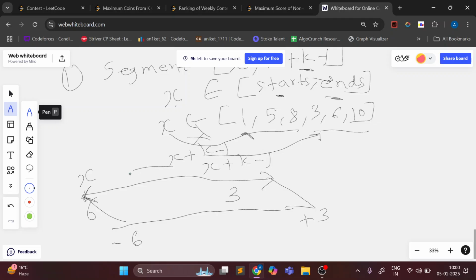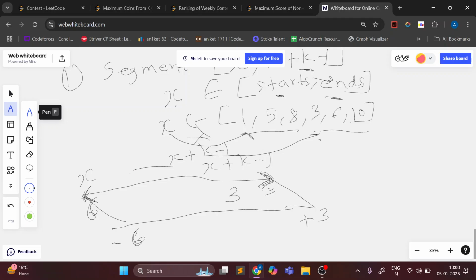So this is the explanation, or kind of intuitive proof, for this. If we start from x, which has 6 coins, and the end has 3 coins, moving forward would decrease my score by 6 but increase it by 3.